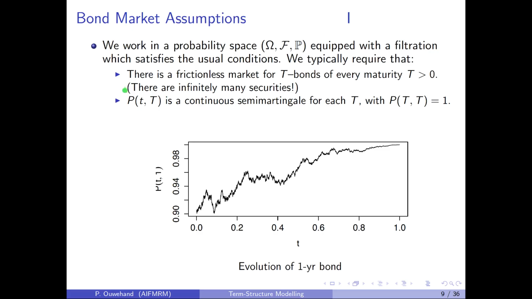This means that there are infinitely many securities, one for every value of capital T. We further assume that the bond price, P(t,T), is a continuous semimartingale for each maturity T, and that P(T,T) is equal to 1. Thus, for each capital T, we have a security whose evolution will look something like this, and it will terminate at the value 1. This here shows the evolution of a 1-year bond.